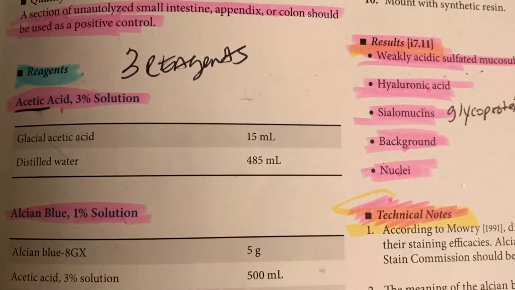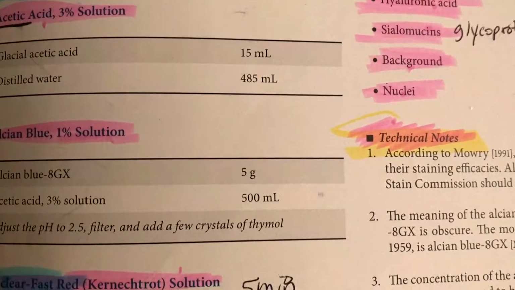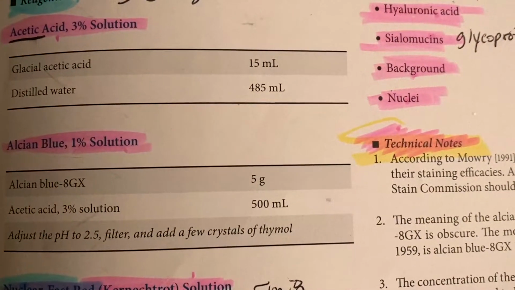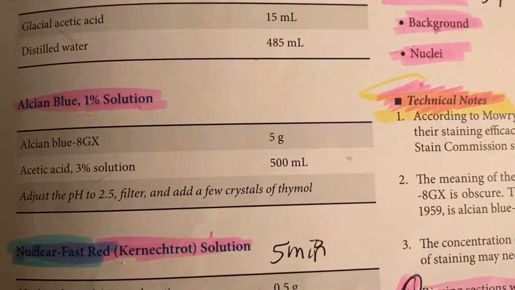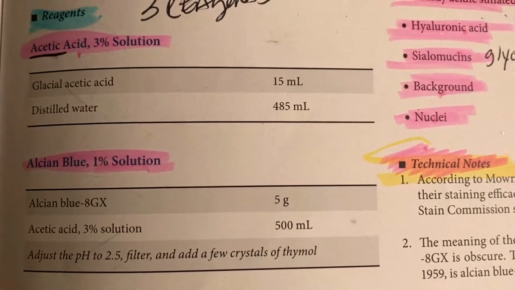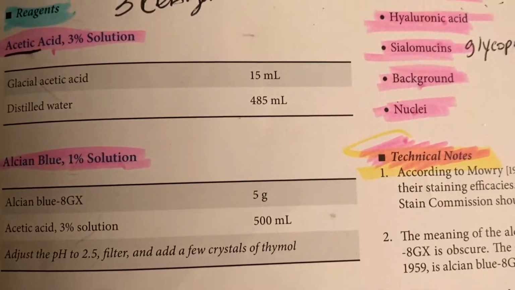This is just going into the reagents: acetic acid, Alcian Blue, and nuclear fast red. They may ask, what is the counterstain for the Alcian Blue? It is the nuclear fast red. You need to know what each thing is for: the acetic acid, the Alcian Blue, and the nuclear fast red. That's really, really important.